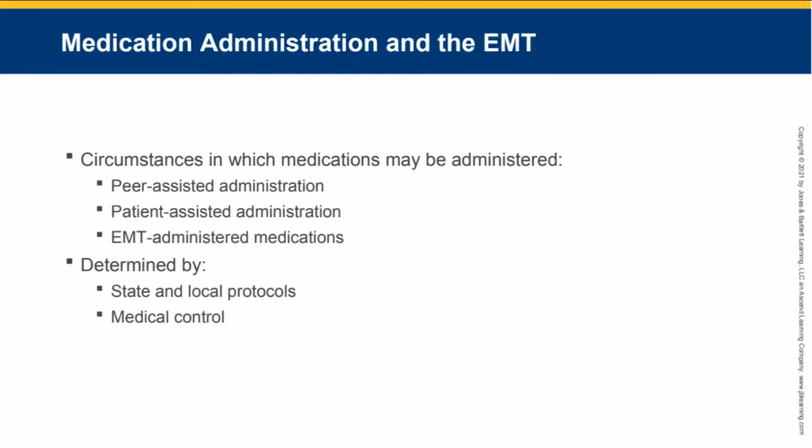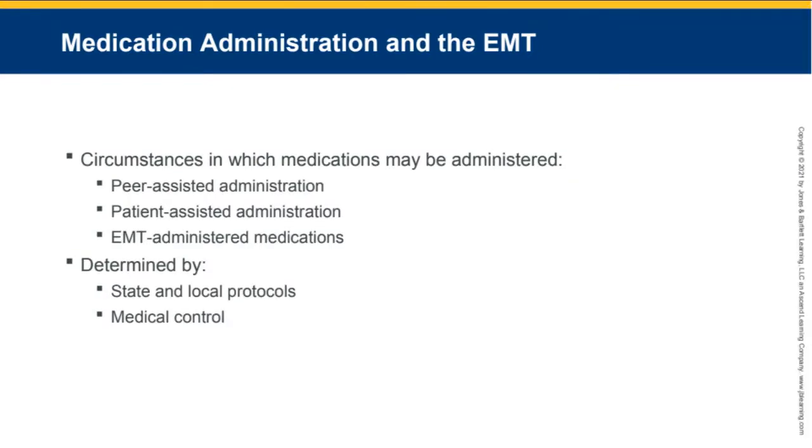Or if a patient has a metered dose inhaler, like for example your Ventolin inhaler, then of course you can help the patient to administer it as well. Same thing with your nitroglycerin. If they have their own, you can help them, direct them to put it under the tongue.